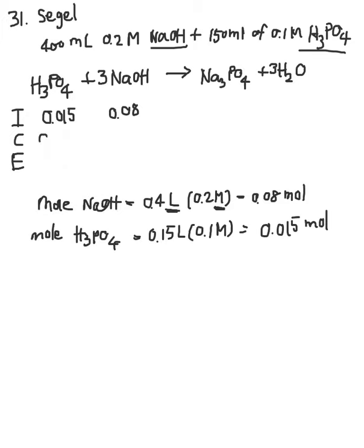So if H3PO4 is the limiting substance here, it needs to react with 3 times 0.015 moles of sodium hydroxide, and that is equal to 0.045.